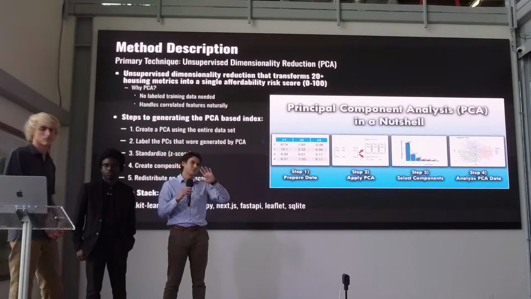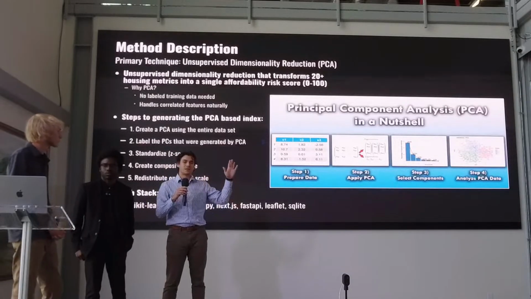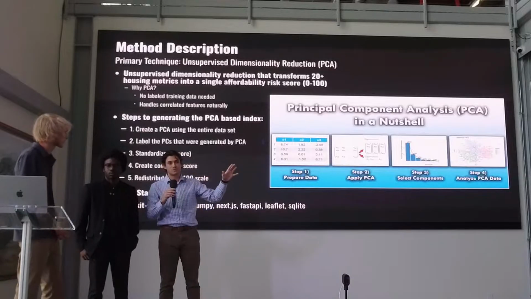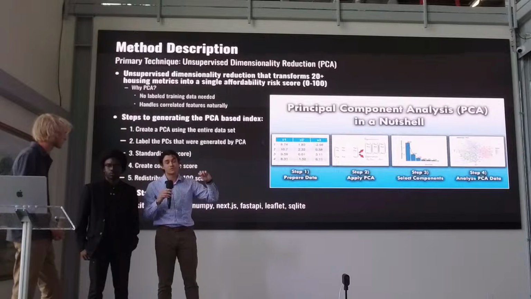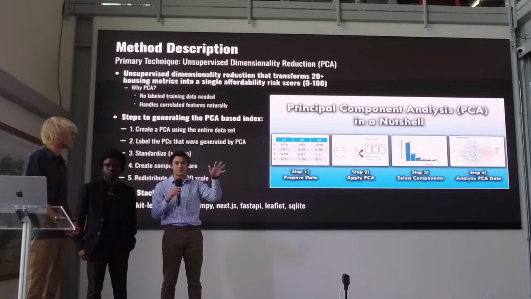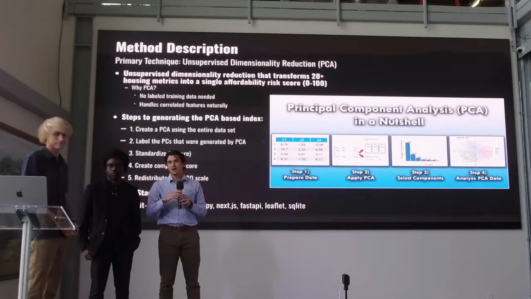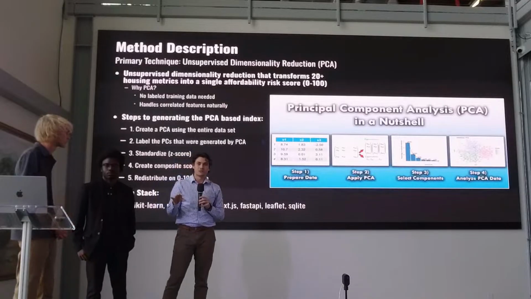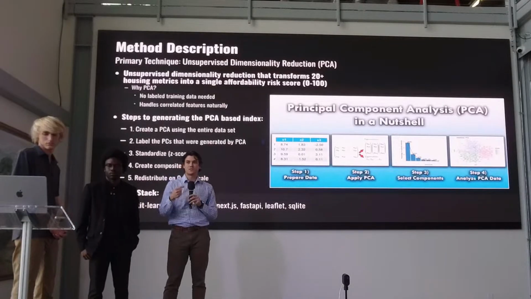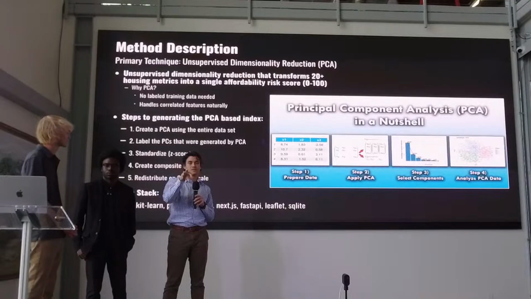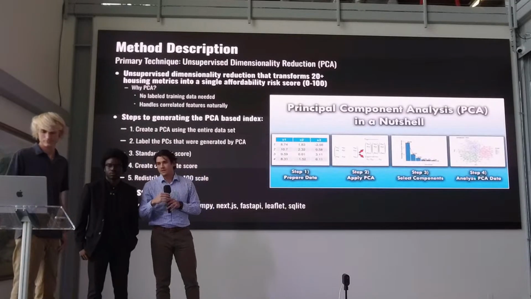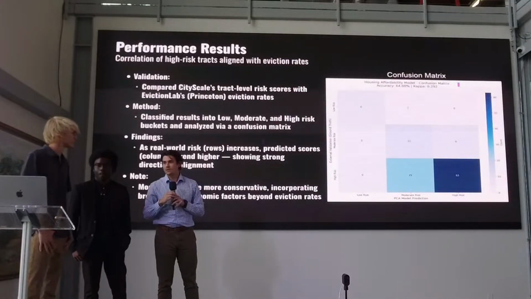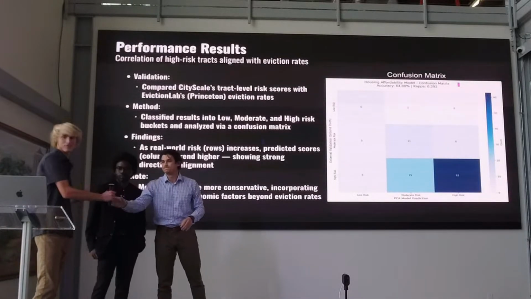It's the entire dataset, across all 25 cities, and then we apply that PCA. First we label all of the PCs that are generated by that. We standardize them using a z-score across the entire dataset, so you can see not just how it affects your city, but also how it compares to other cities. So I'll pass this over to Andrew.